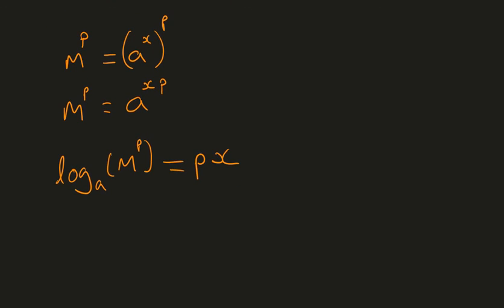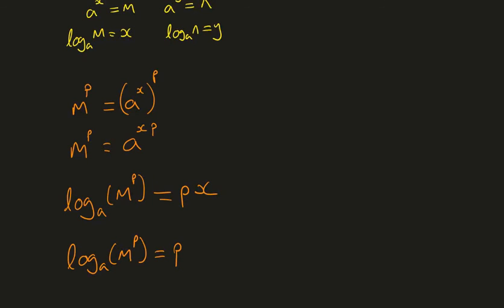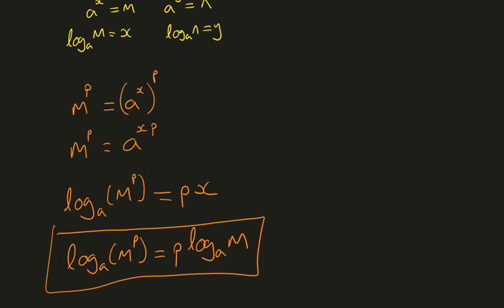And just like in the previous methods, we can swap out the x. It's going to be p, and then remember we had x is equal to log base a of m. This is our third and final rule of logarithms.